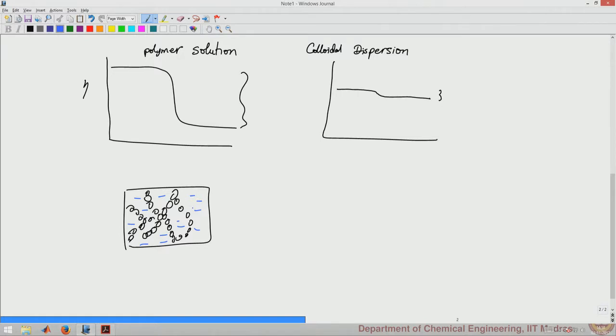And so, when this kind of material is being sheared, given that the particles are all attached to each other, we will have to apply a significant amount of stress for very little strain rate to be achieved.